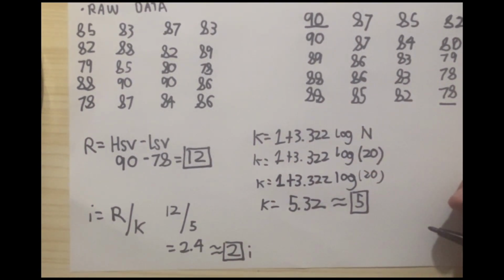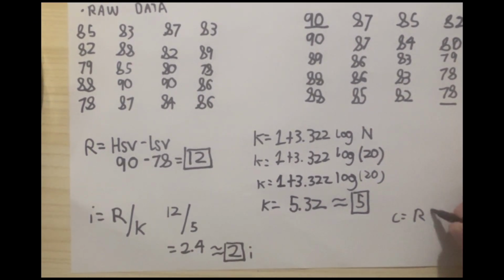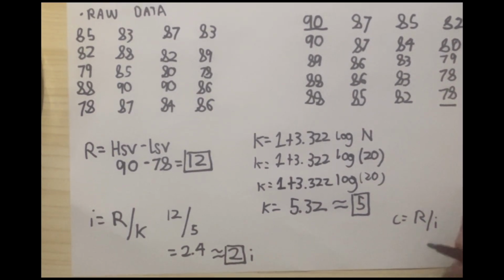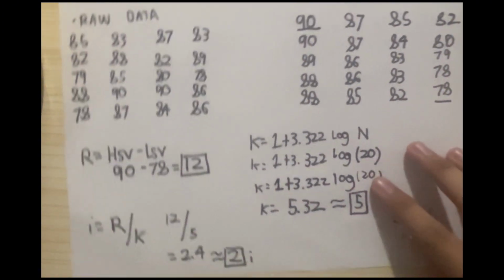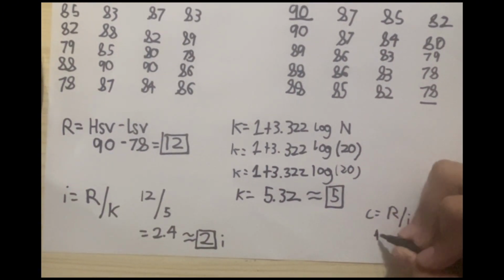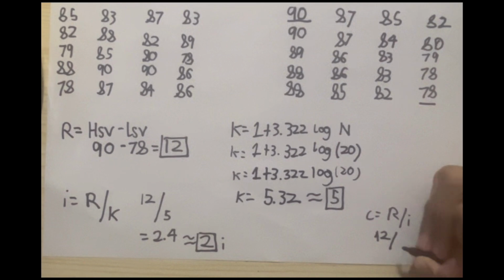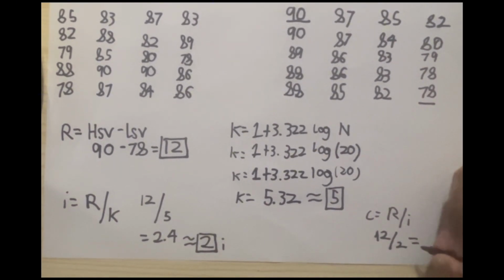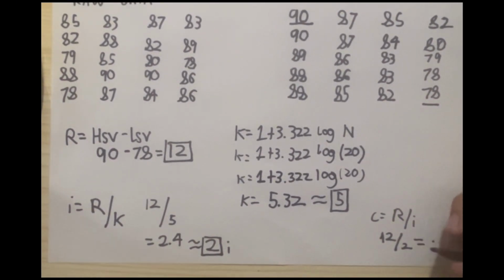Now to get the actual classes, we will be dividing range and interval. 12 divided by 2 is equal to 6.